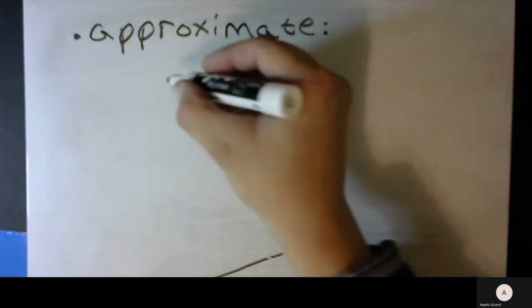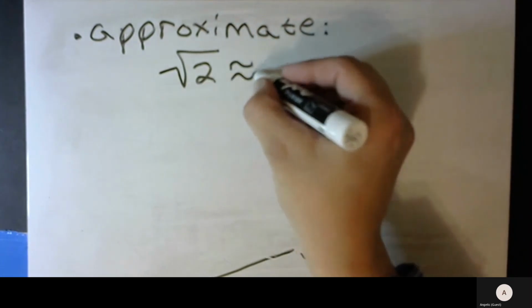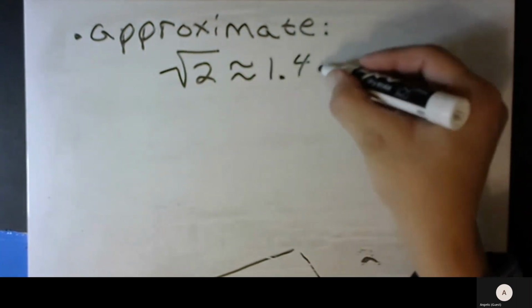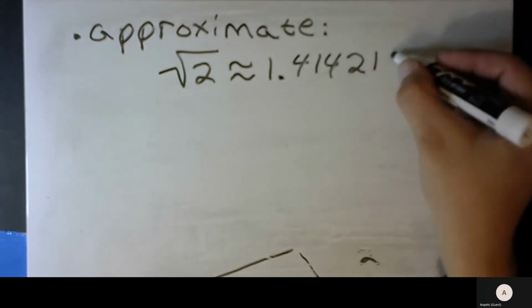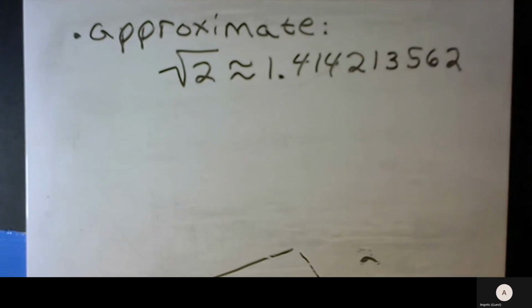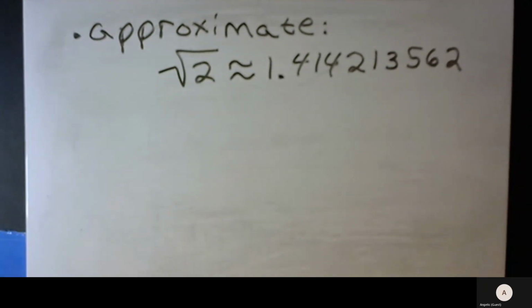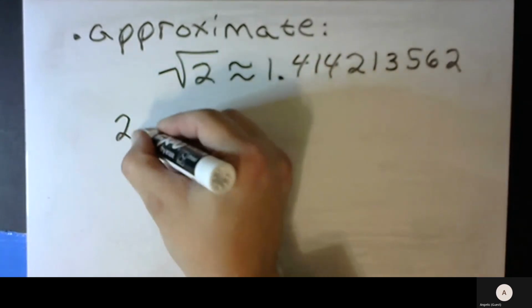So square root 2 is approximately 1.414. I'm going to use a lot of digits here. 213562. So using that fact, let's go back to this.